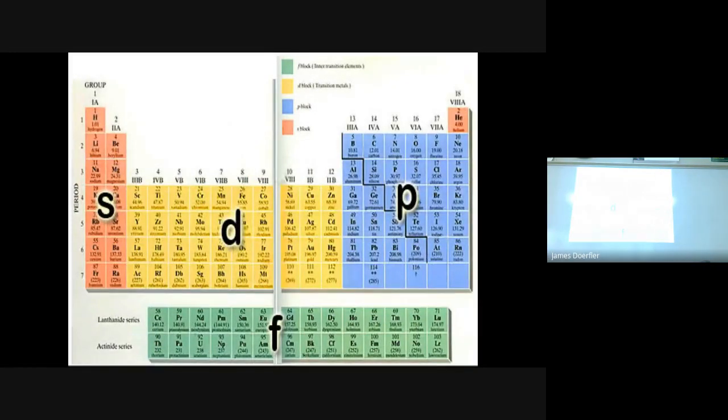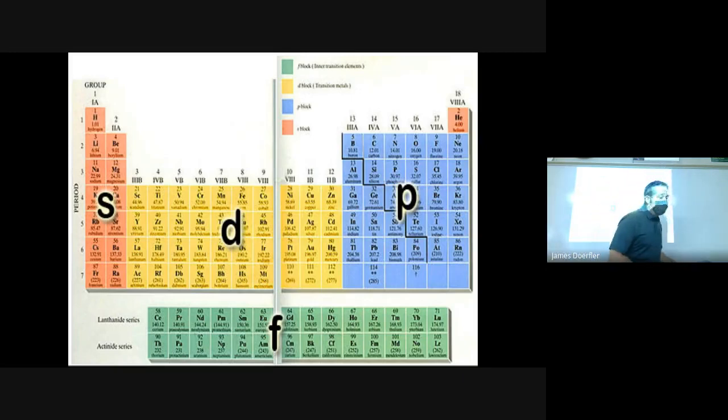Color coding is going to be very helpful when it comes to identifying the location of your element and how you should have the ending of your electron configuration. You can have whatever color you want. You want to make a key on this one.